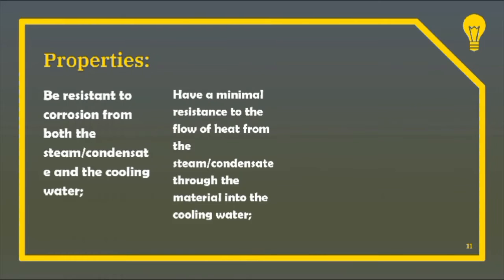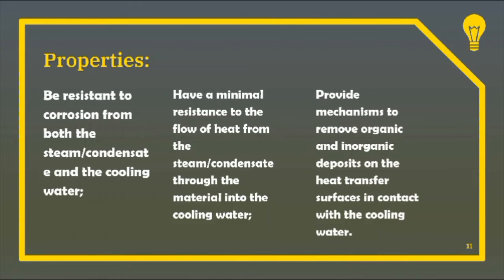Have a minimal resistance to the flow of heat from the steam or condensate through the material into the cooling water. Provide mechanisms to remove organic and inorganic deposits on the heat transfer surfaces in contact with the cooling water.